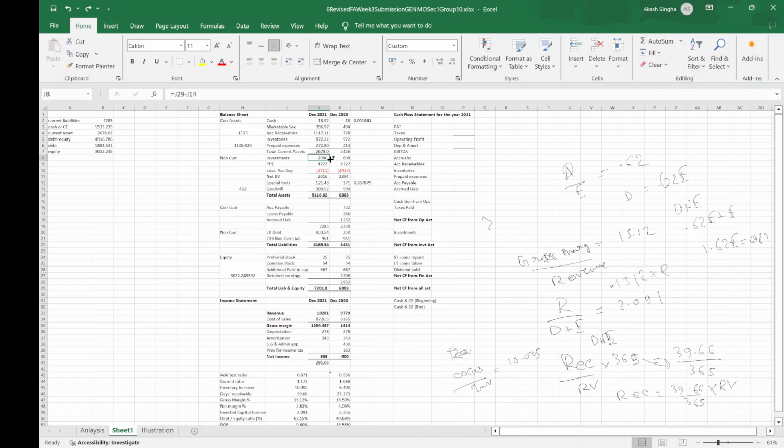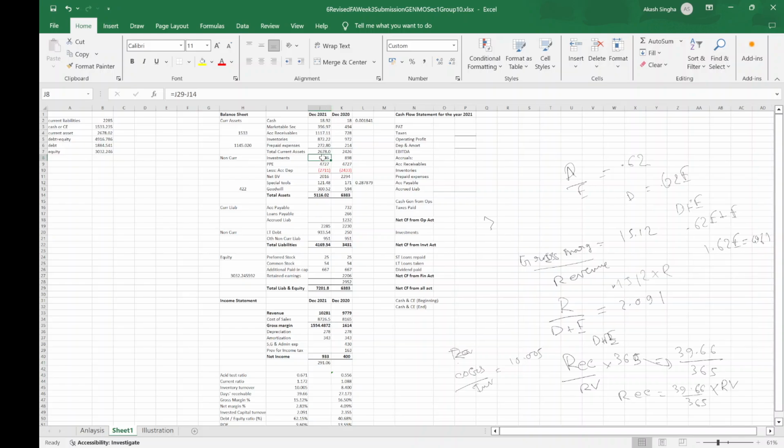Okay, just copy it, paste the value. How to paste the value? Yeah, paste the value.